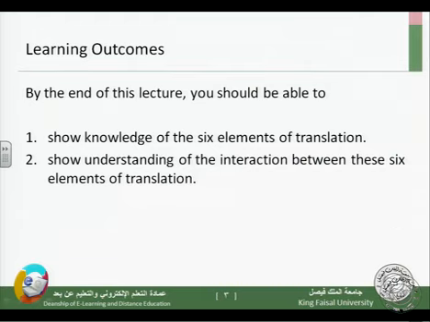Do I have some kind of understanding of the interaction among these 6 elements? If you can answer this question, then you are all right. You have learned something. If you can't, then you should really go through the slides again and again until you achieve the learning outcomes.